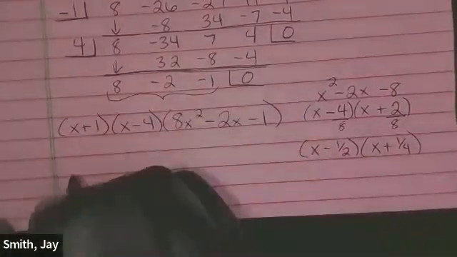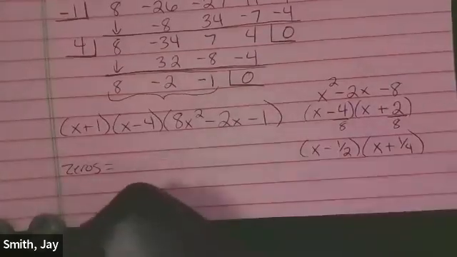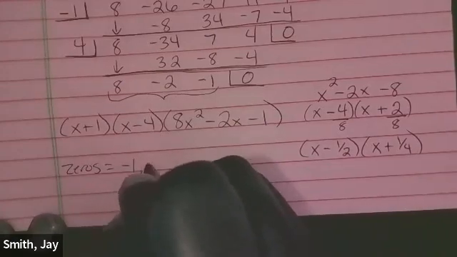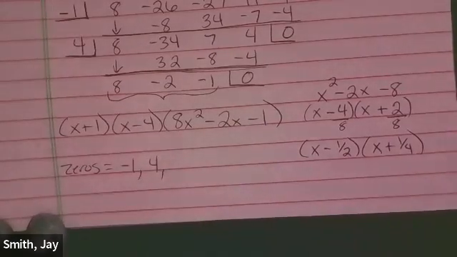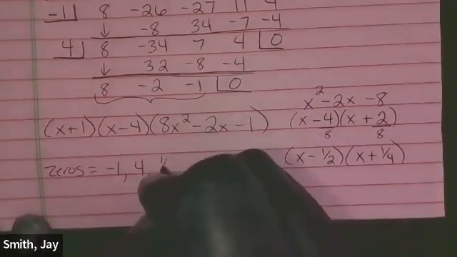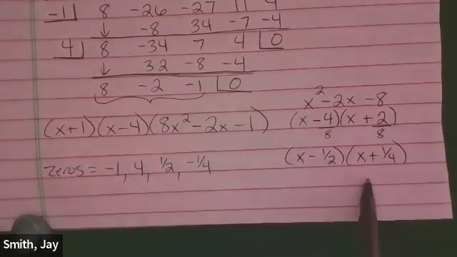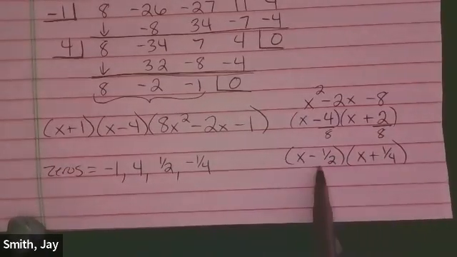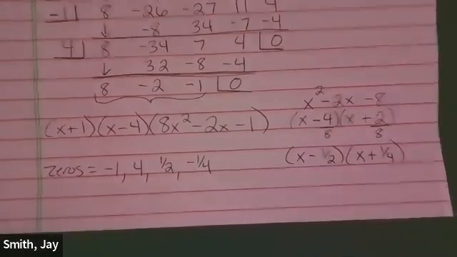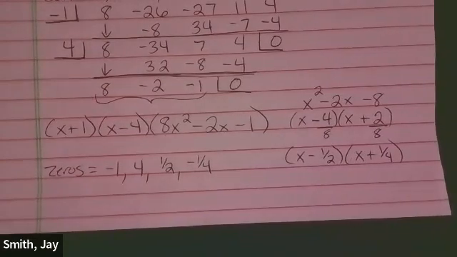So our list of zeros, out of the list of possible rational zeros, will be negative 1, positive 4, from our synthetic division, as well as positive 1/2 and negative 1/4, what we just got from our factors. Remember, if we're given a factor, take the opposite of what we see for our list of zeros. Any questions on this one?